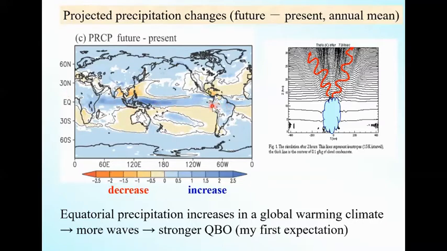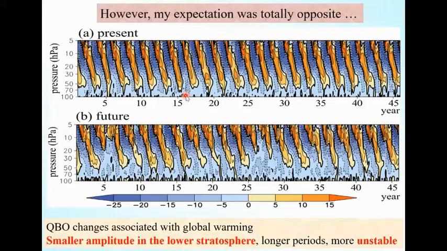As I explained, the gravity waves are generated by the tropical convection. So at first, I expected this situation would make more gravity waves and then should make a stronger QBO. But my expectation was totally opposite.